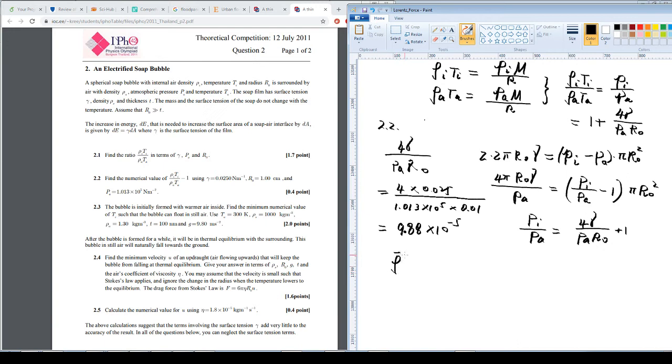The average density of the bubble must equal the density of the air. So the average density of the bubble must be the mass of the bubble divided by the total volume. This has to happen.